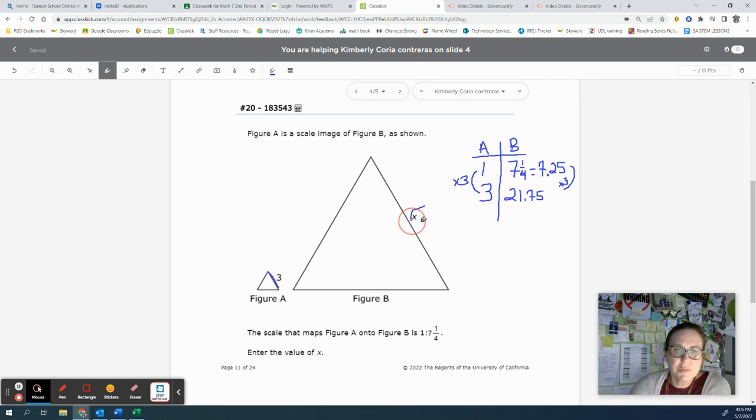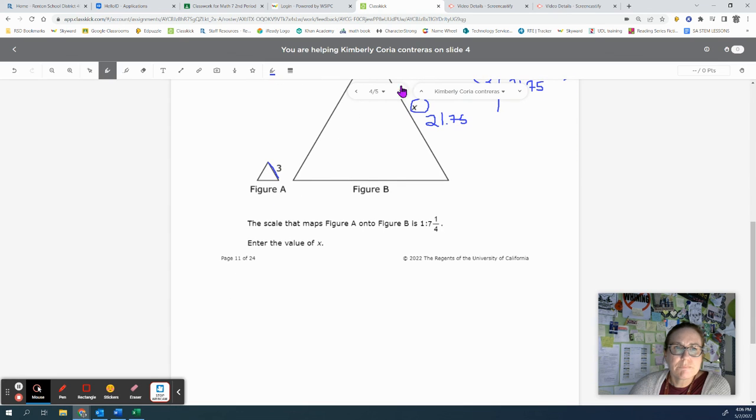So this would be 21.75. If the ratio is 1 to 7 1/4, then if this is 3, then we have to multiply this by 3 as well. All right. Last page.